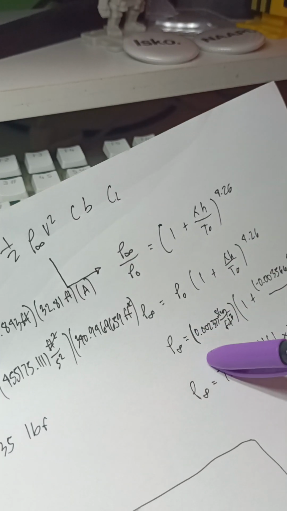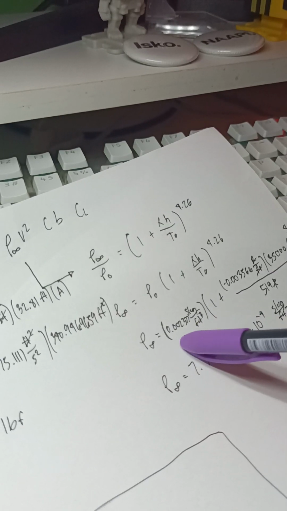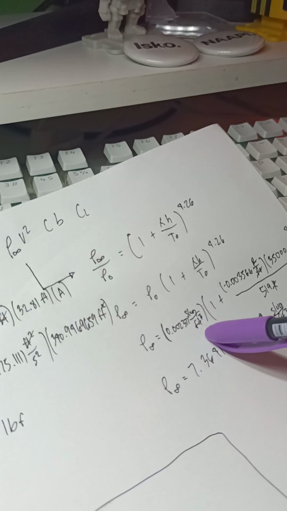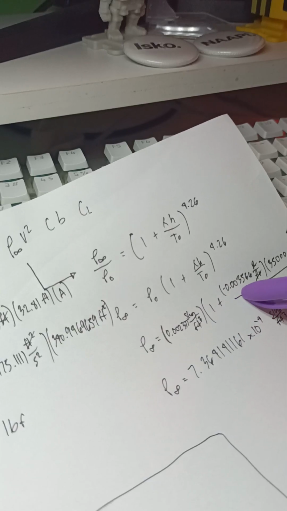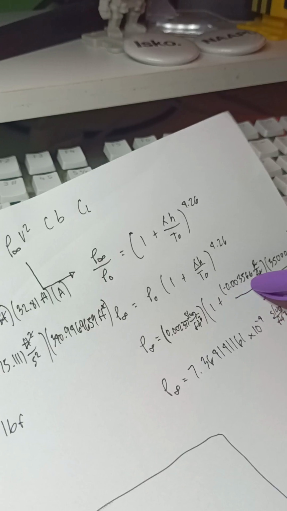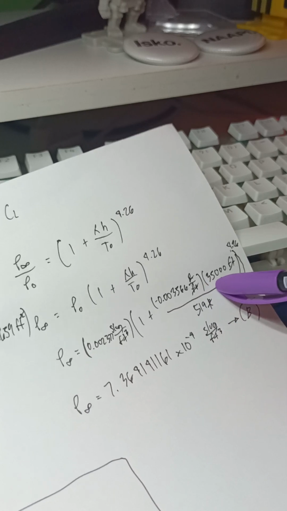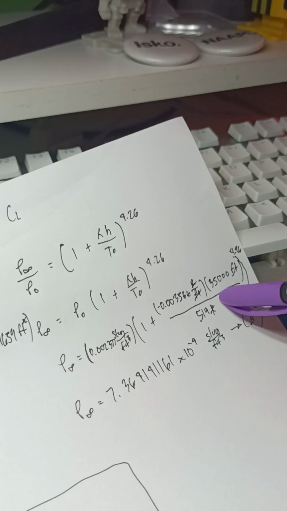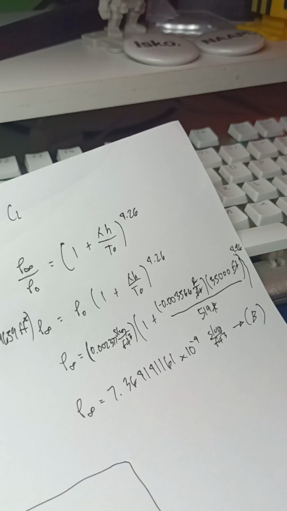So, the sea level standard condition density is 0.002377 slug per feet cube, times 1 plus the lapse rate, which is negative 0.003566 Rankine per feet, times the height, which is 35,000 feet, over the sea level standard temperature in Rankine.